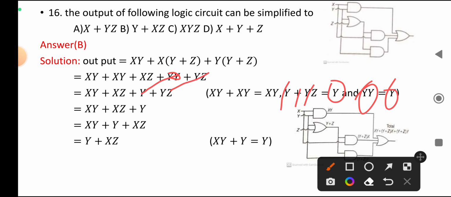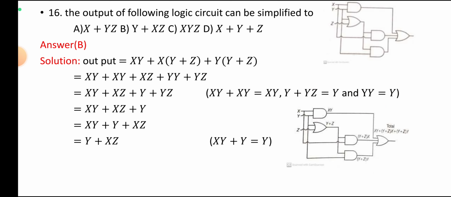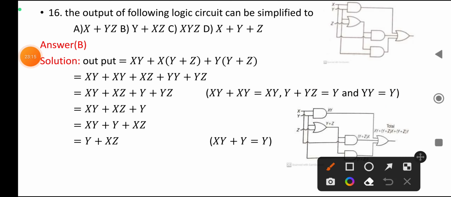Next, here xz is there, xz copied. Here xy becomes 2xy, which cannot be written, so just xy only; by replacing this, 1 is written.